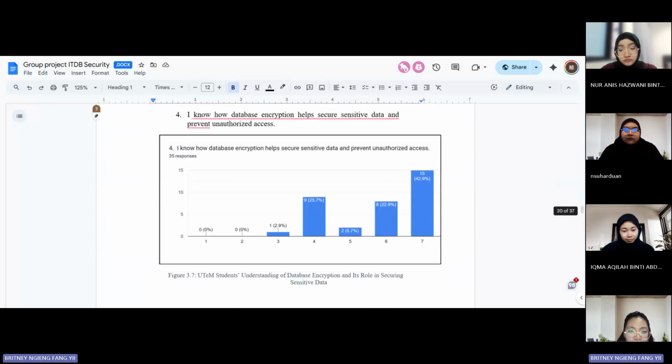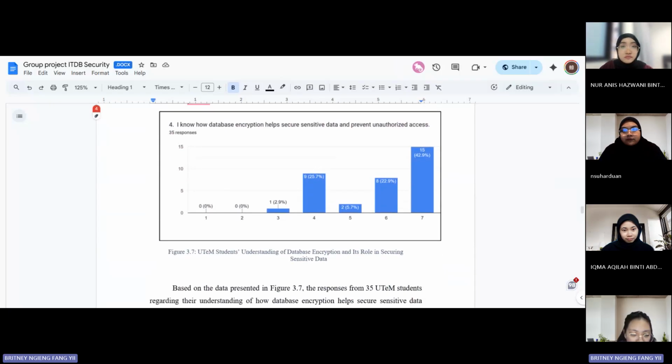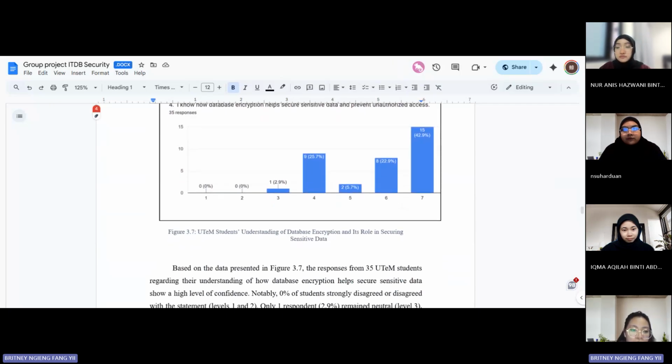So next, we asked whether database encryption helps secure sensitive databases and prevent unauthorized access. In this survey, students showed a high level of confidence. Only one respondent remained neutral, indicating very little uncertainty across the group.